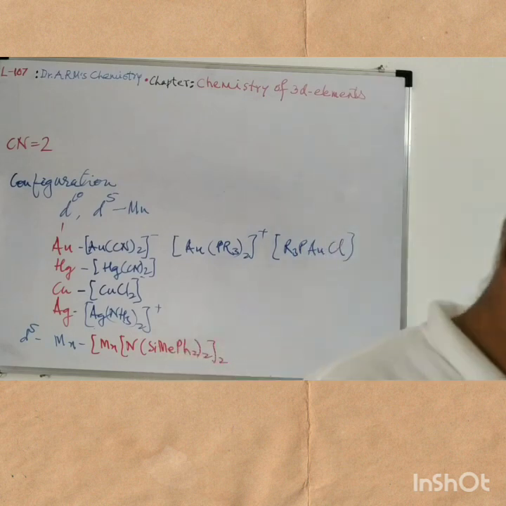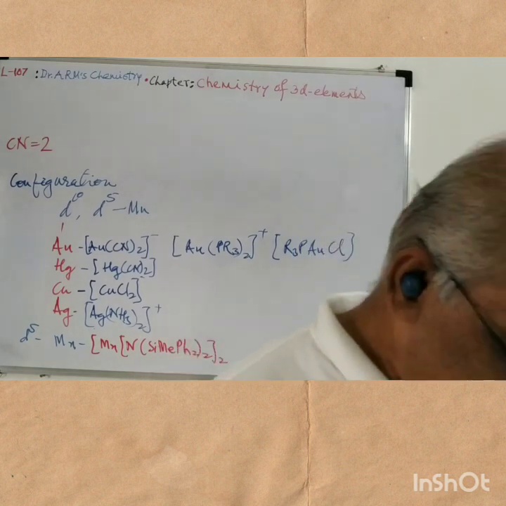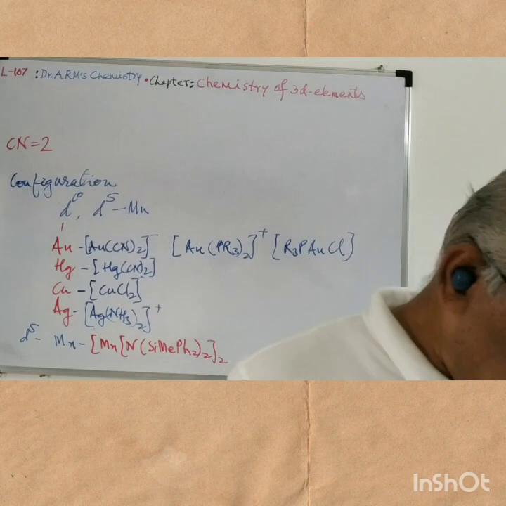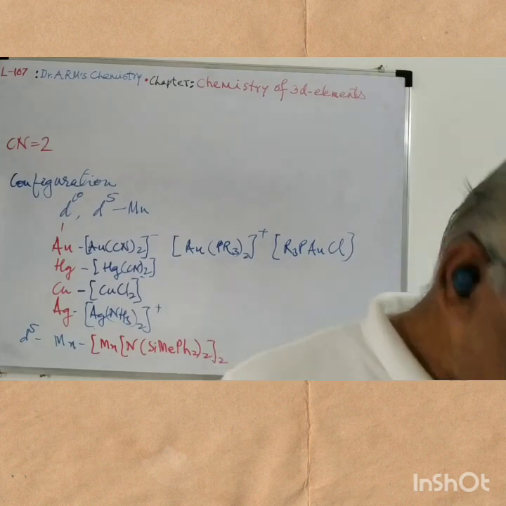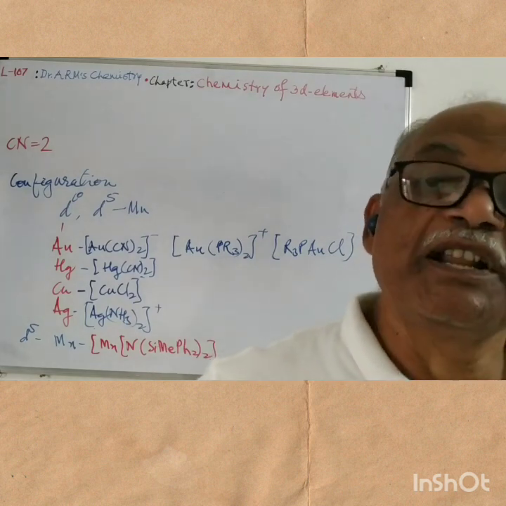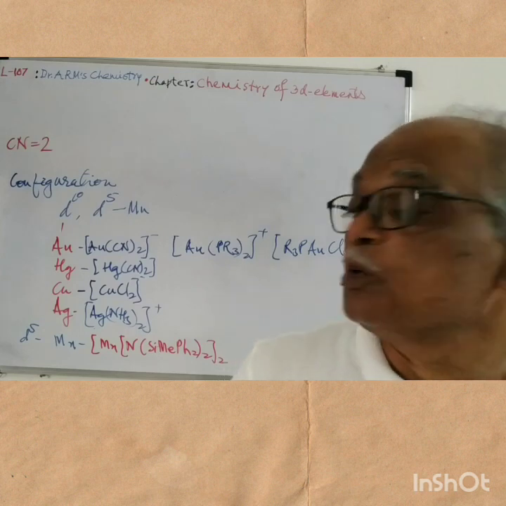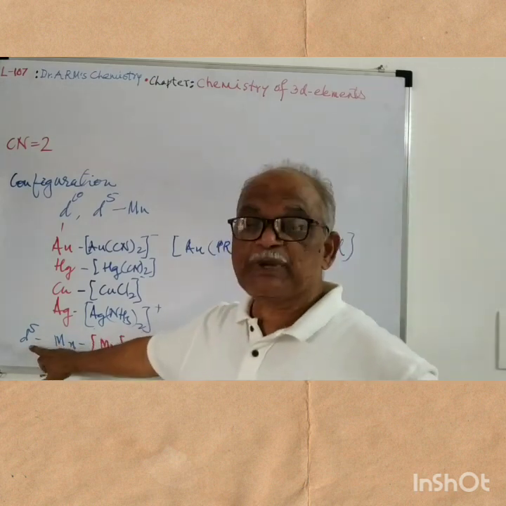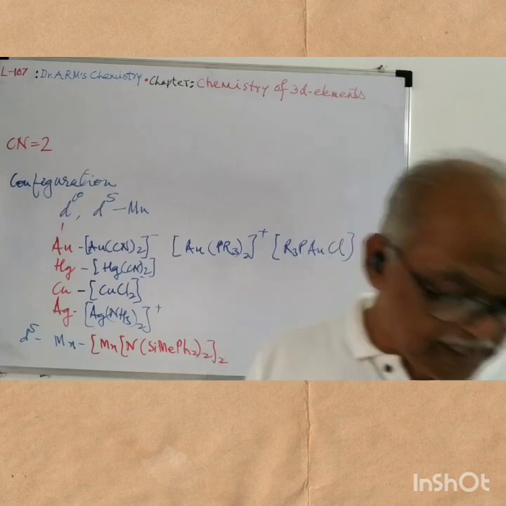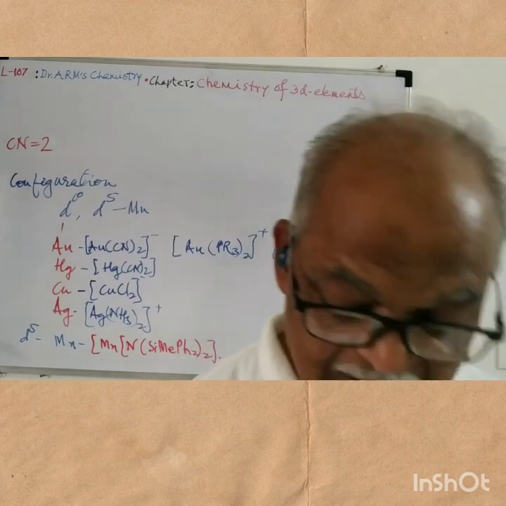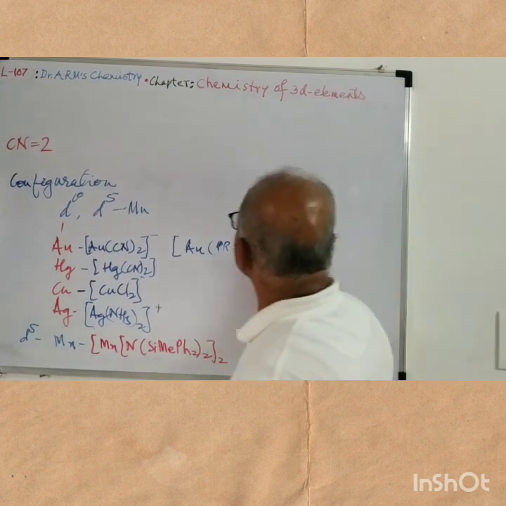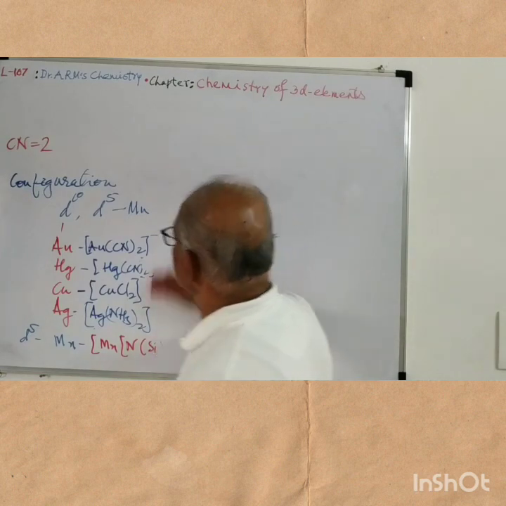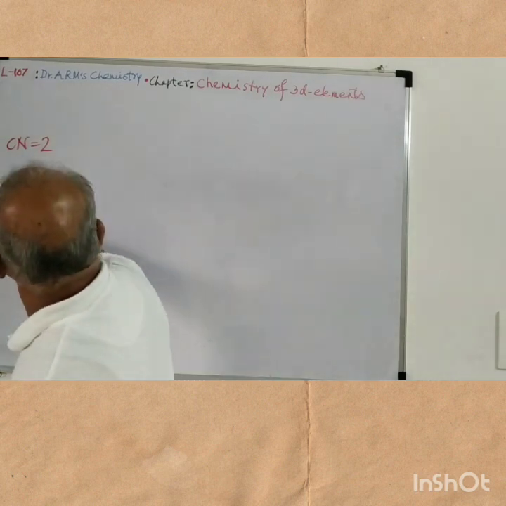Because of this bulkiness, bulky amido ligands are associated with lower coordination numbers. Here we are expecting a higher coordination number for these species. So this is about coordination number 2.